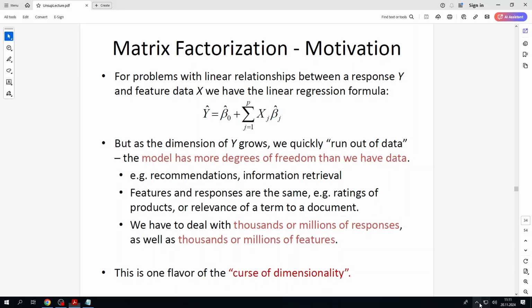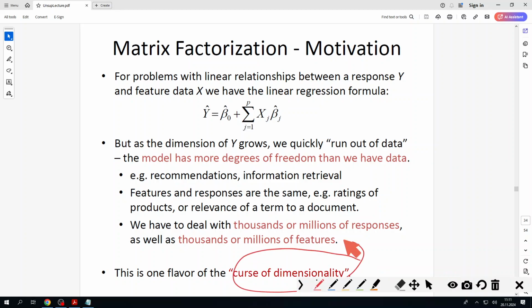So this is a nice example of the curse of dimensionality. In our daily life, we can consider the curse of dimensionality something like comparing a small town to a large megapolis like New York, where it is difficult to find any information about some person. Because if you live in some village, then it's enough to know the name of that person, maybe some of his friends, and then you can find him easily.